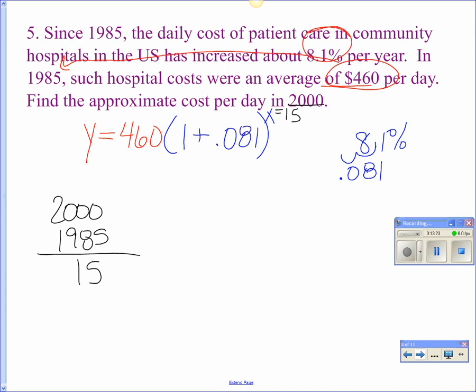Very good. $1,479.59. Okay, and that is money. Anybody have a question on that one?